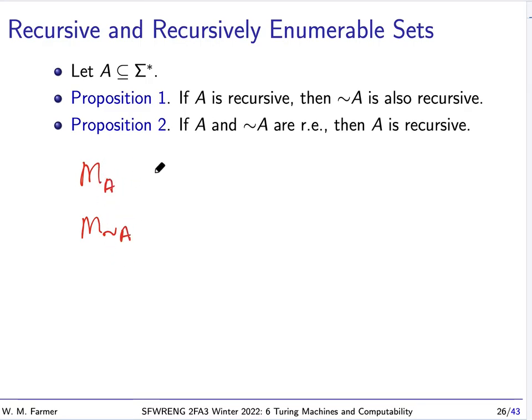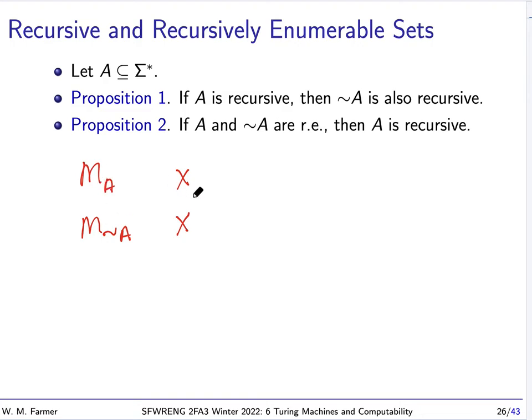And if we give it an input X, this machine will basically check to see if X is a member of A, and this machine will check to see if X is a member of the complement of A.